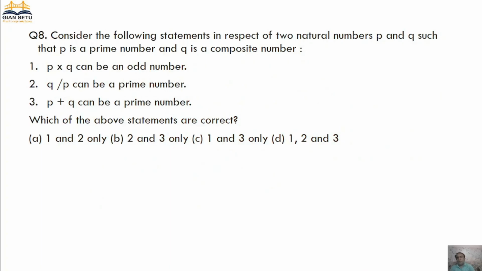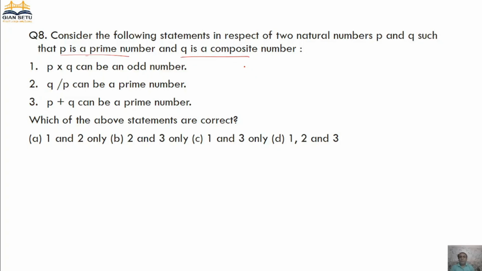Let's move to question number 8. Now we are given some statements here. Based on these statements, we need to find which of these statements is correct. Now consider the following statements in respect to natural numbers P and Q such that P is a prime number and Q is a composite number. Now statement 1 is PQ can be an odd number.